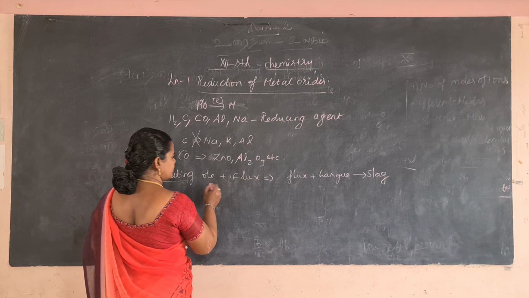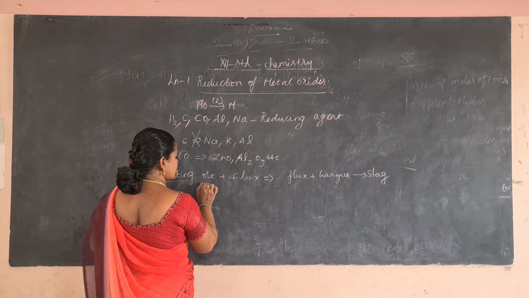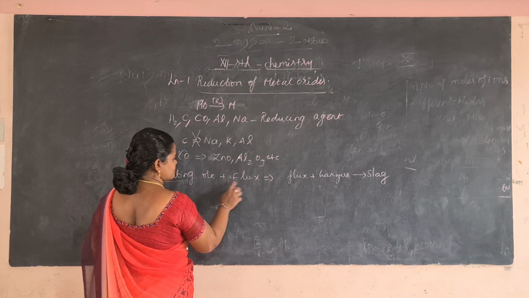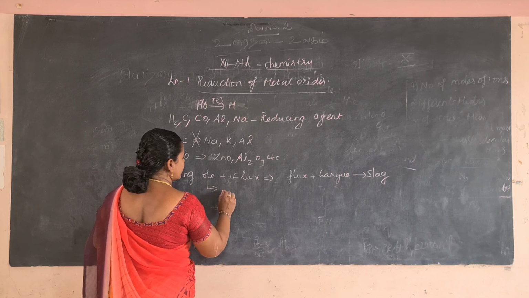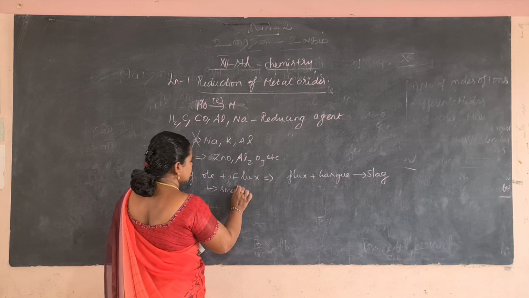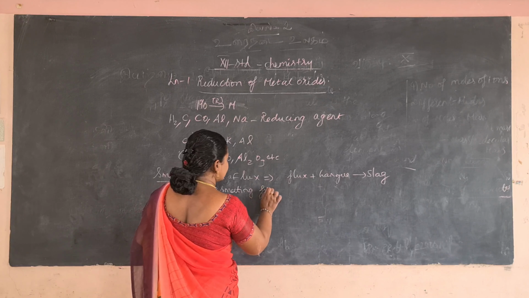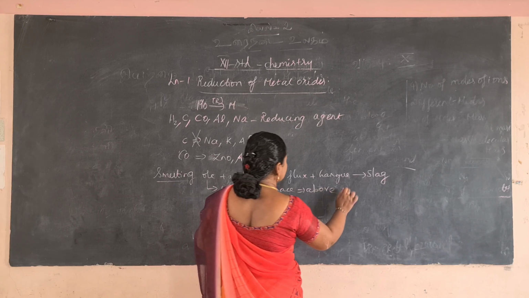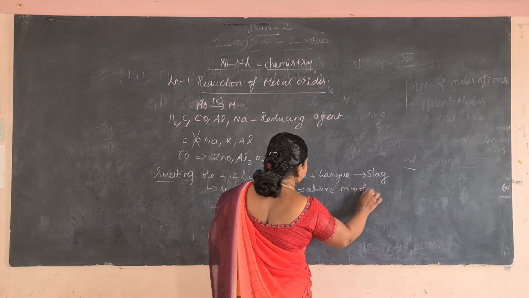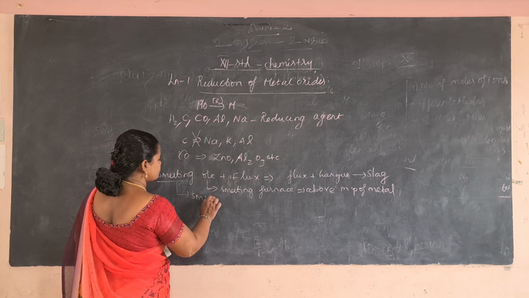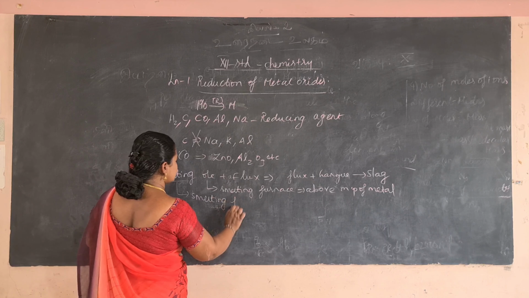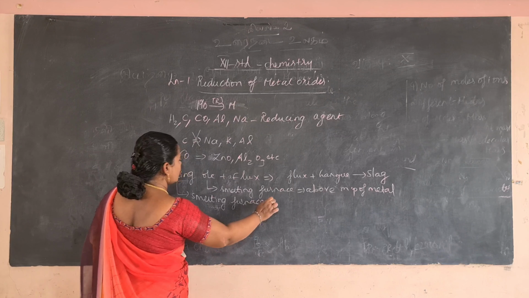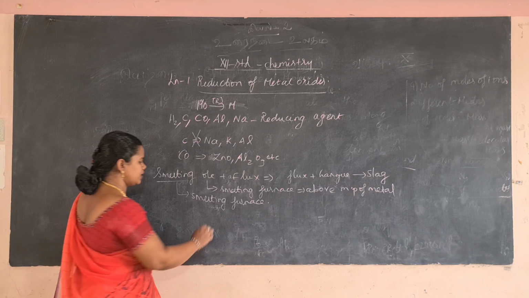So the concentrated ore plus flux is added, and then it is heated in a smelting furnace above the melting point of the metal. So at that time what happens?